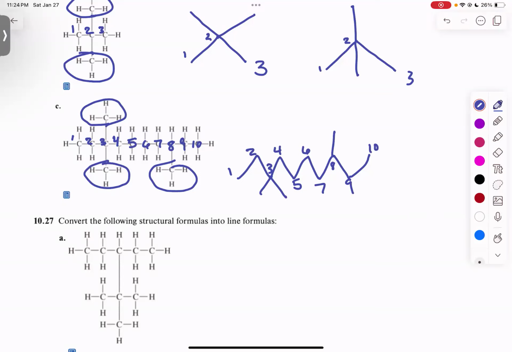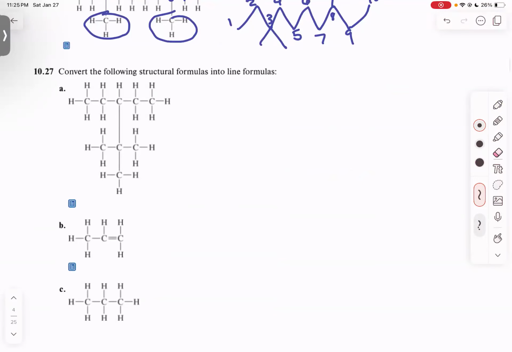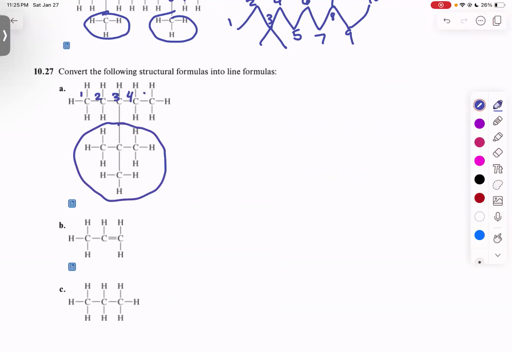And then just go and erase your numbers. I got to keep saying that. So I'll do that. All right, 1, 2, 3. Ooh, coming off of 3, we got some stuff going on. 4, 5, 6. Okay, so 1, 2, 3, 4, 5, 6.